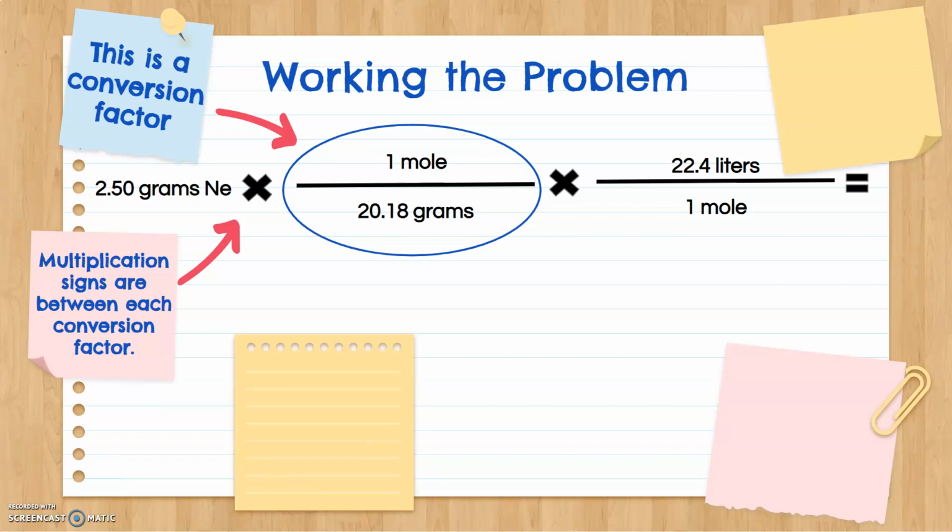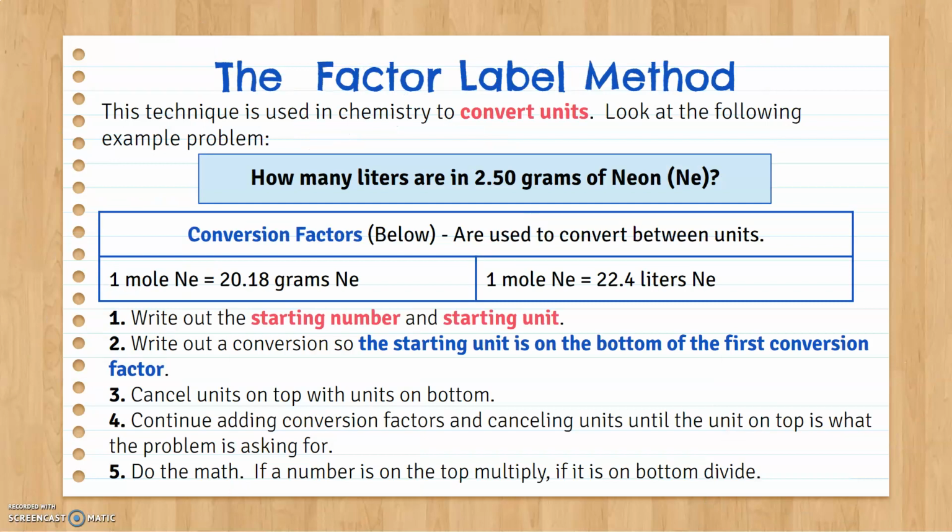Now, we have moles on the top of the conversion factor, but the problem doesn't want moles. The problem says how many liters. So we have to do a second conversion factor. Sometimes you can do 1, sometimes 2, sometimes 5, but we have to now get rid of the moles and go to the liters.